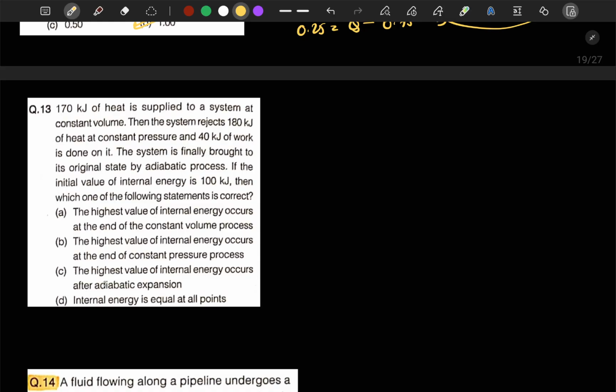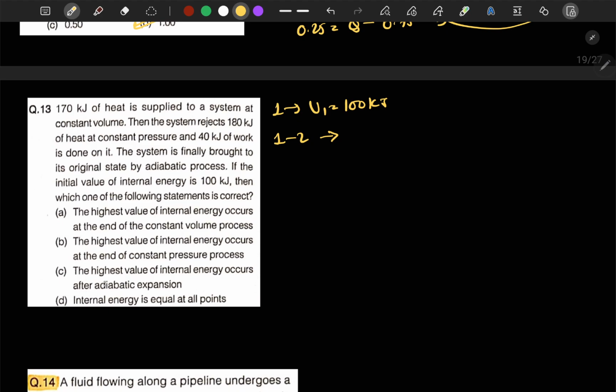So we said that initially at location 1 we have U1 is equal to 100 kilojoule. Now from process 1 to 2, what happens?